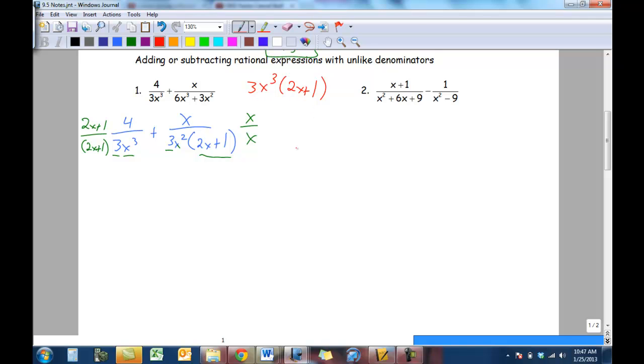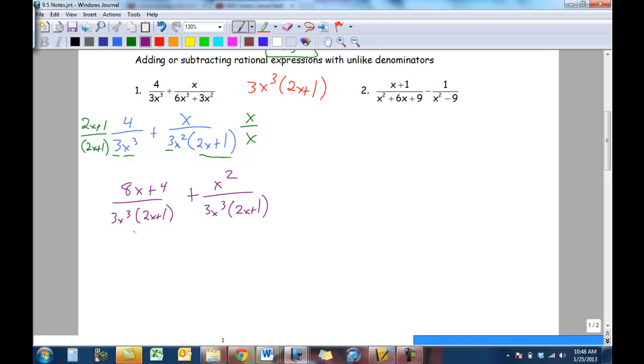That's our common denominator. So just like in the second warm-up, we're going to multiply this together. So this becomes 8x plus 4 over 3x cubed times 2x plus 1, plus x squared divided by 3x cubed times 2x plus 1.